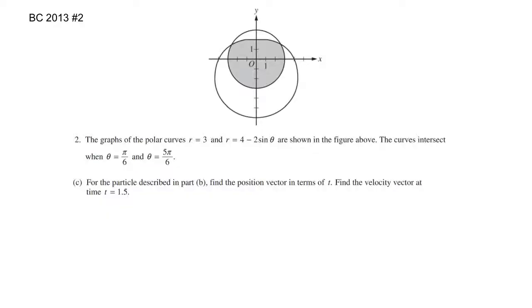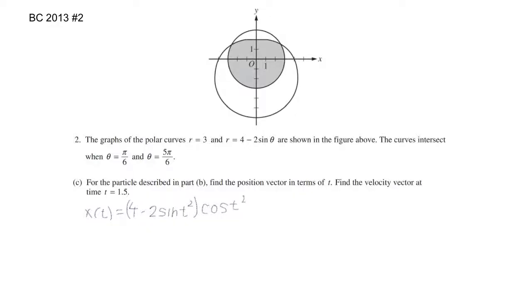We found that x at t was equal to 4 minus 2 sine t squared times cosine of t squared.